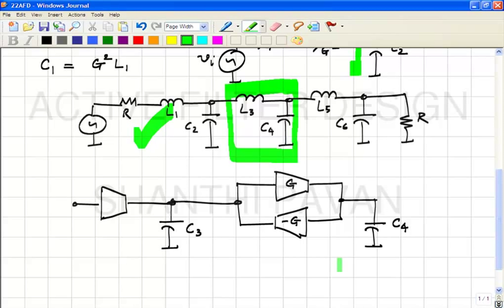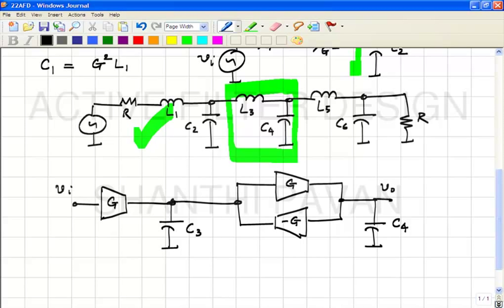Okay. So now, this is an emulation of the transfer function provided by the L3 C4 section of the network. Is that clear?